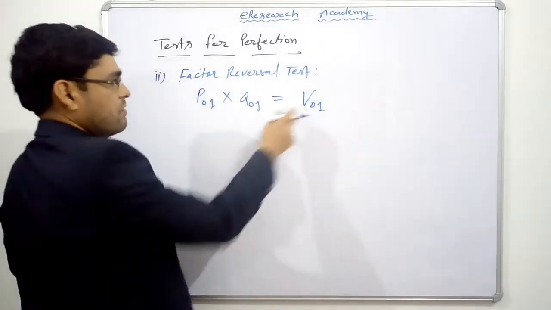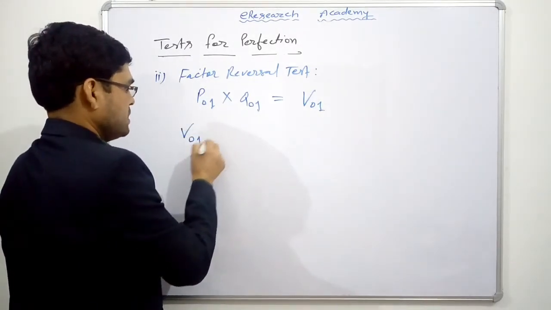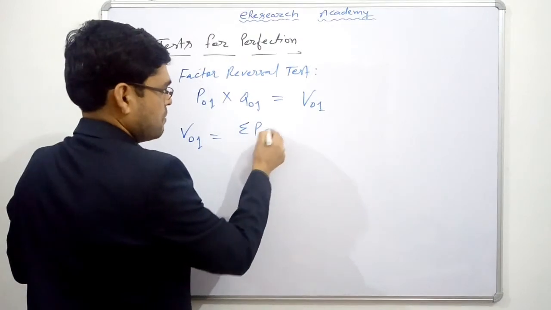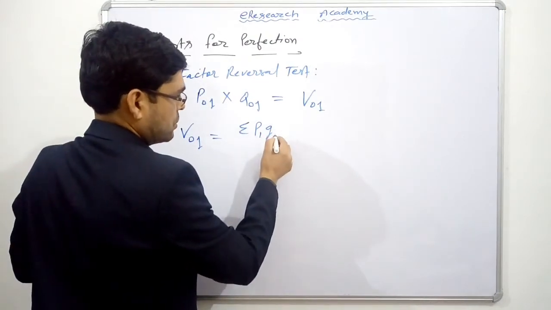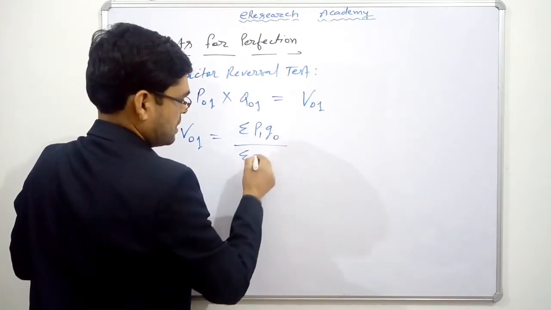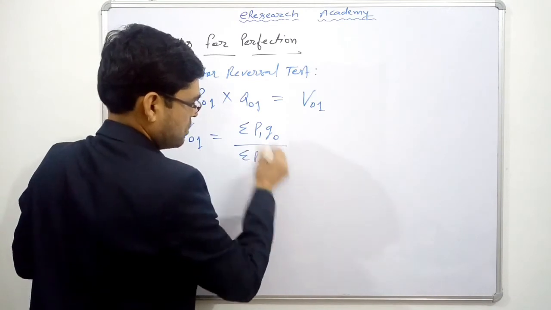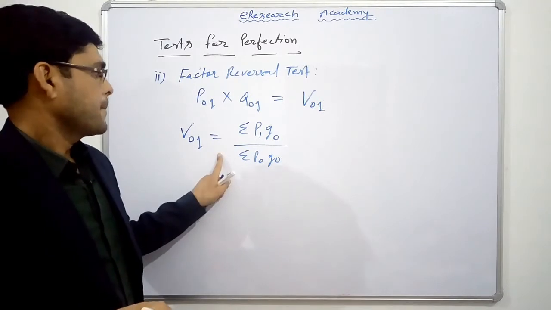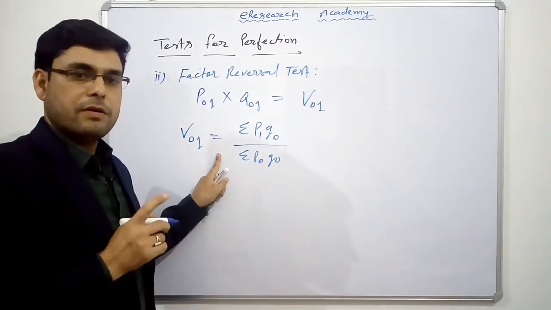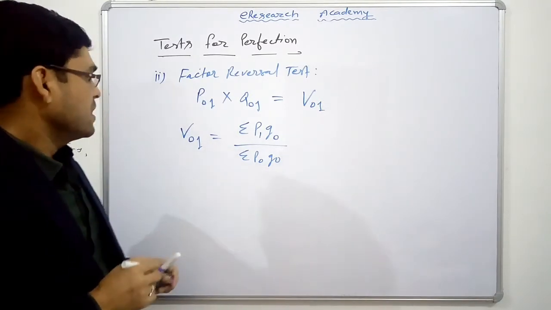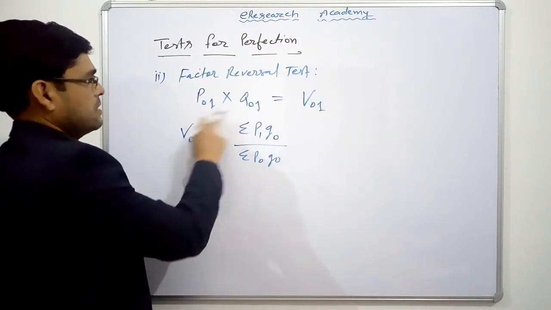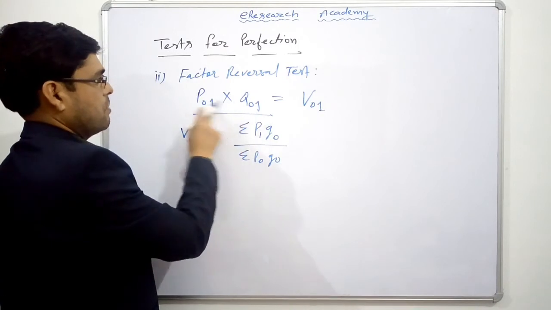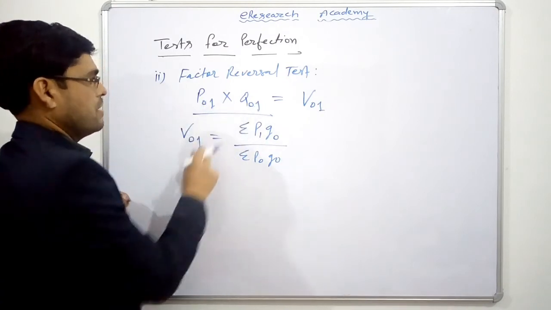V01 is simply sigma P1 Q1 upon sigma P0 Q0. So this is our value index number, right?